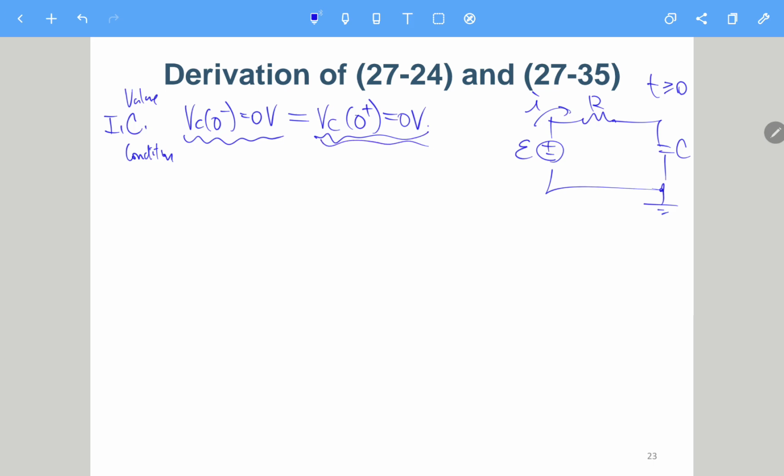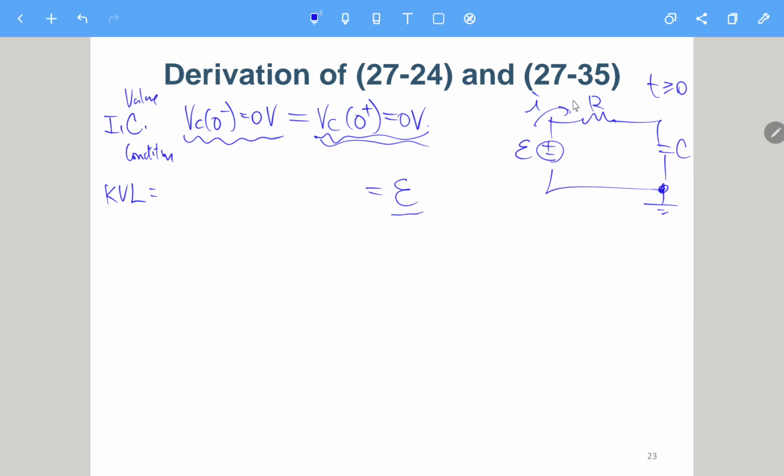Here we try to use the KVL to write an equation describing the circuit. Let's start from the ground node and go to here. We will have a battery, which is the input, the g(t) on the right side of the differential equation.